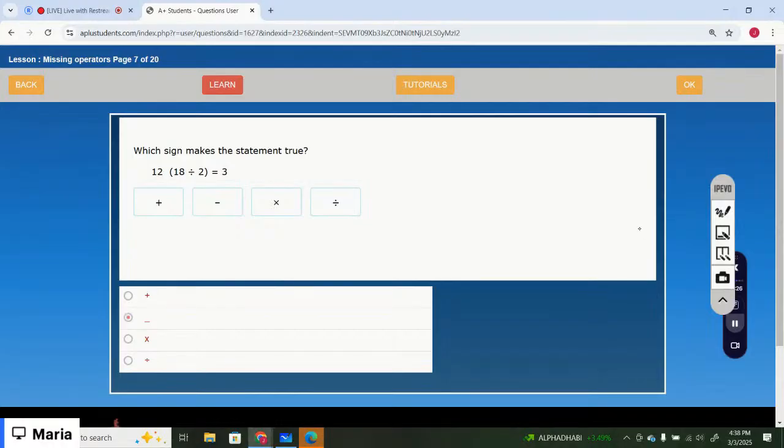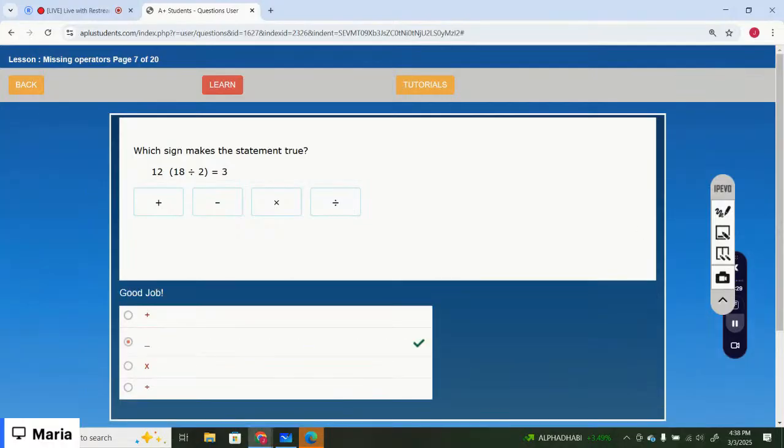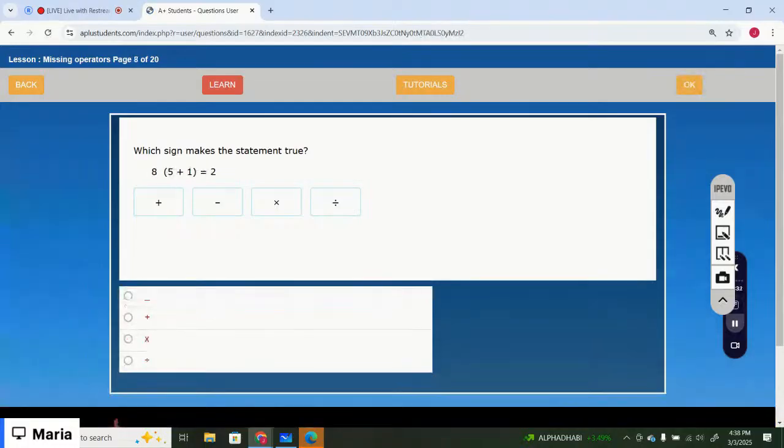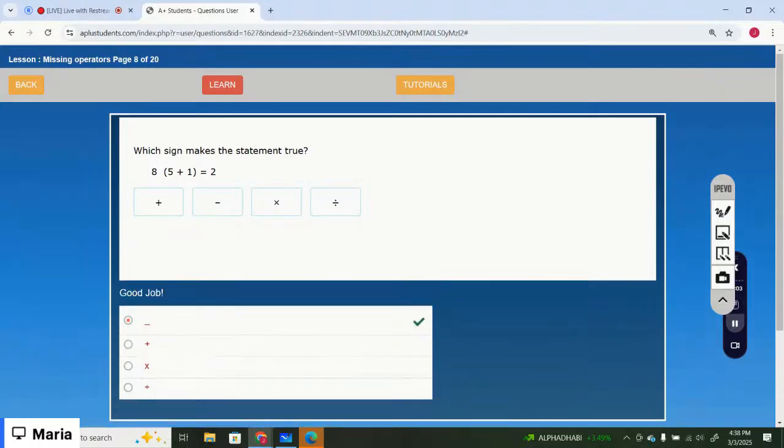You have to subtract them. Got it? Next, which sign makes the statement true? That is 8 minus 6 is 2. You have to subtract them.